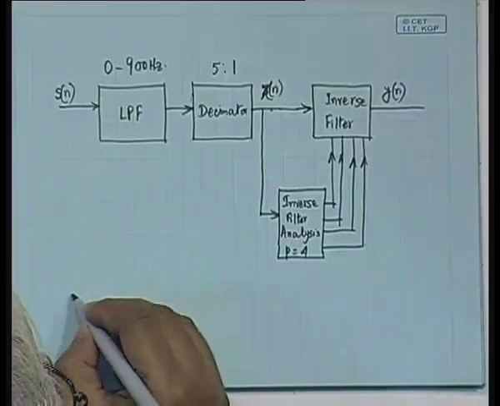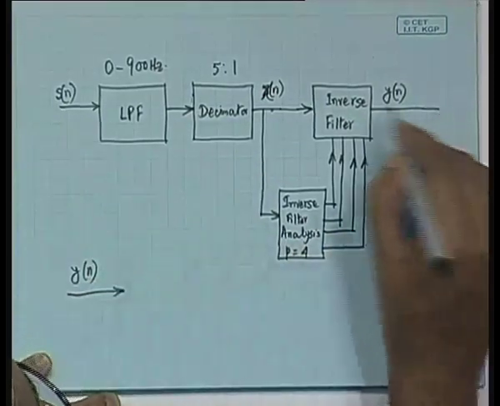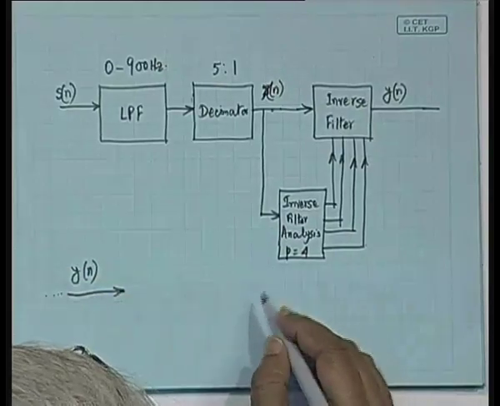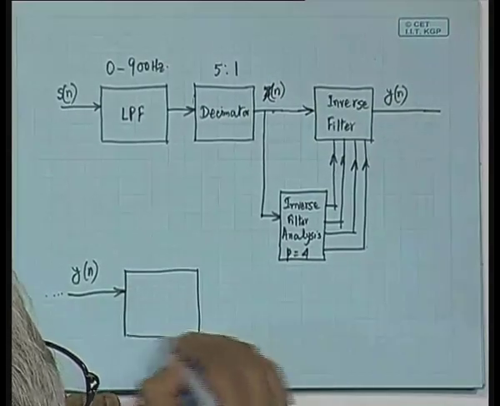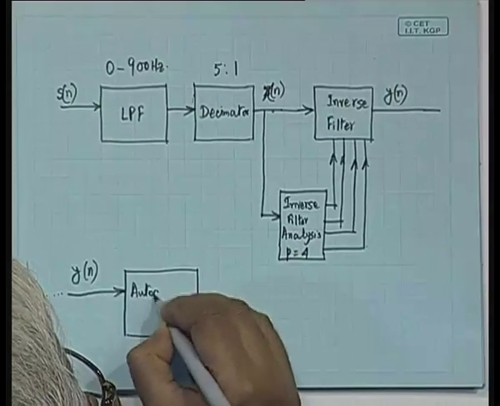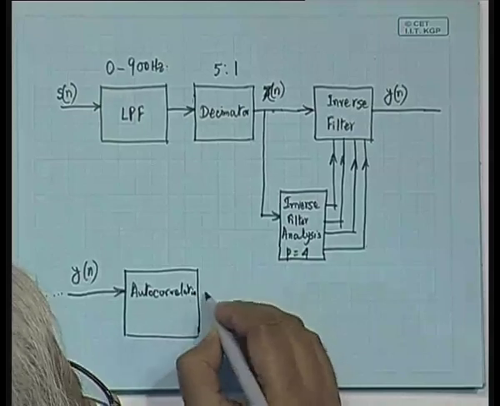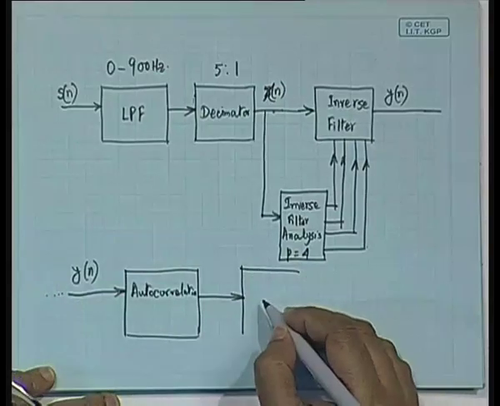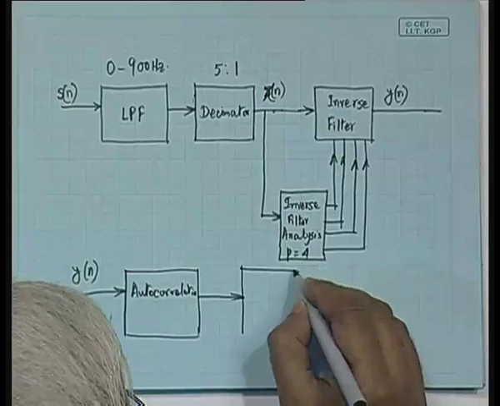This is a continuation of the block diagram, so please note that point. y of n would be fed to an autocorrelator, a block that performs autocorrelation, and then the autocorrelation output will contain the peaks corresponding to the pitch period.